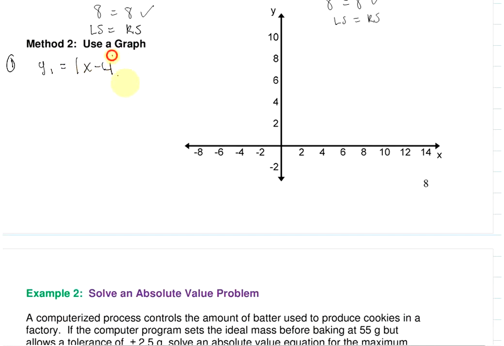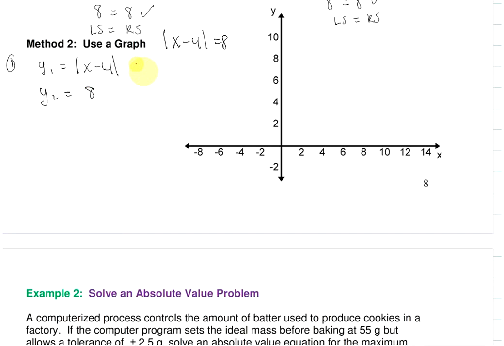So that means the absolute value of x minus 4. Remember, absolute value of x minus 4 equals 8 is the original equation. And then for y2 you're going to enter 8.